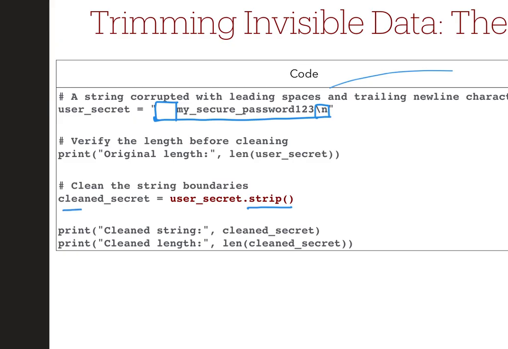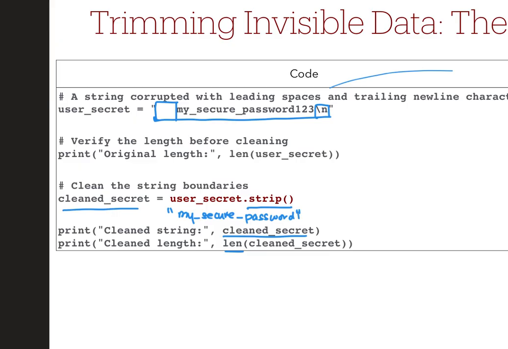So that this cleaned secret variable receives the new character string starting with my secure password. So clean the secret, receive that information. And this length function will count the number of letters in this my underscore secure underscore password.